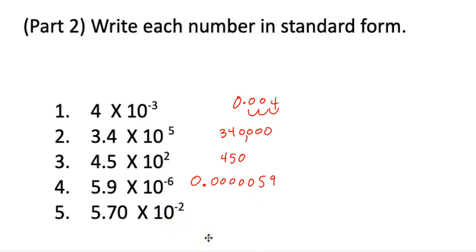Okay, this one 5.70 times 10 to the negative second. Same thing. We know this is smaller, and so we have to include the 570. And so it moves over 1, 2. So here's 1, here's 2. So it's going to be 0.0570.